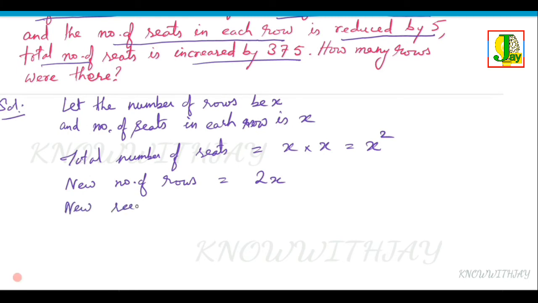New seats in each row, that's reduced by 5, we have x minus 5.